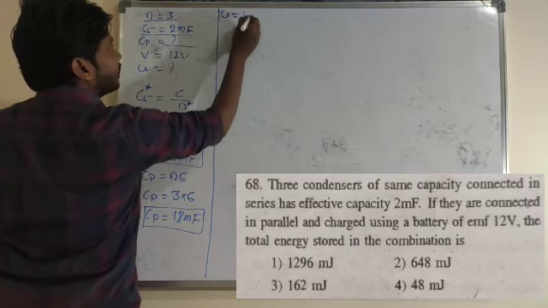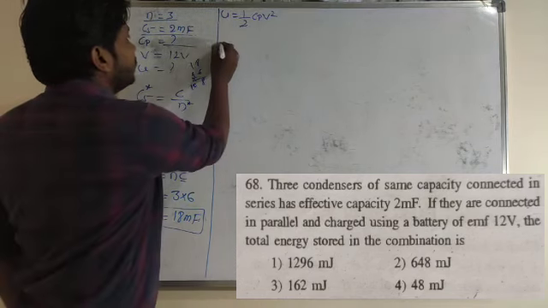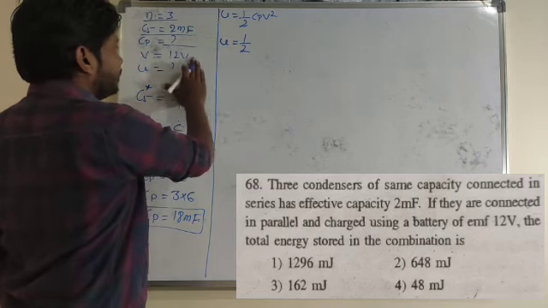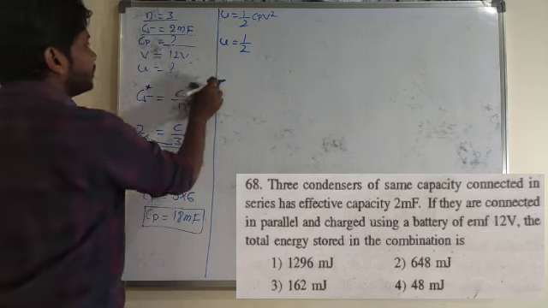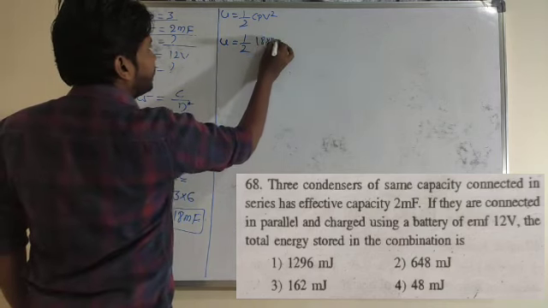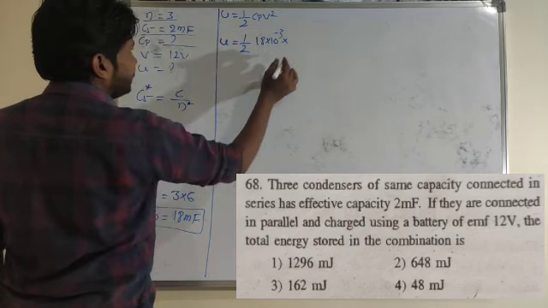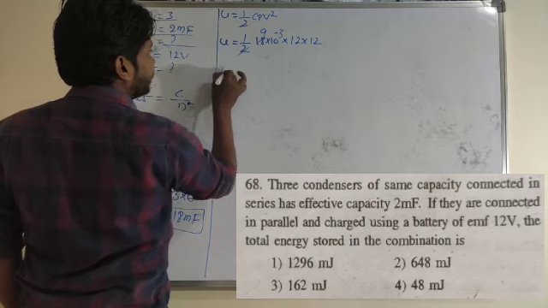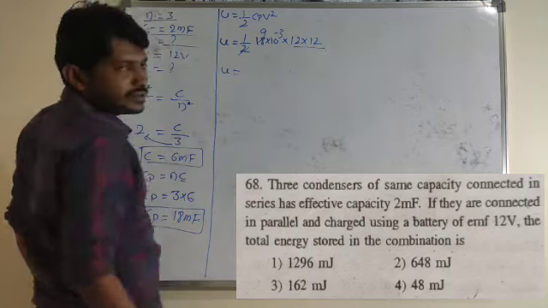So U is equal to half of C of P V square. C of P value is 18 into 10 to the power of minus 3, V square, so 12 into 12 is 144.